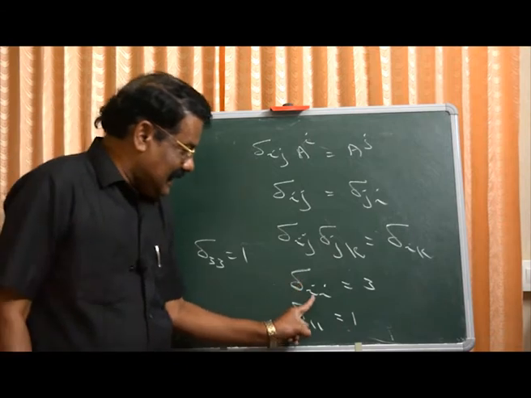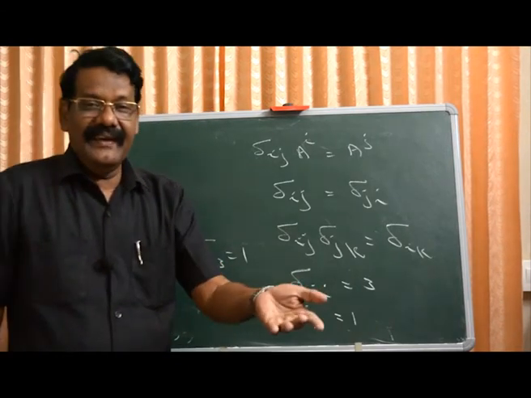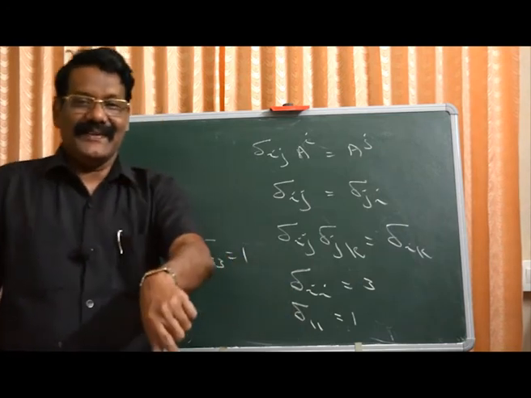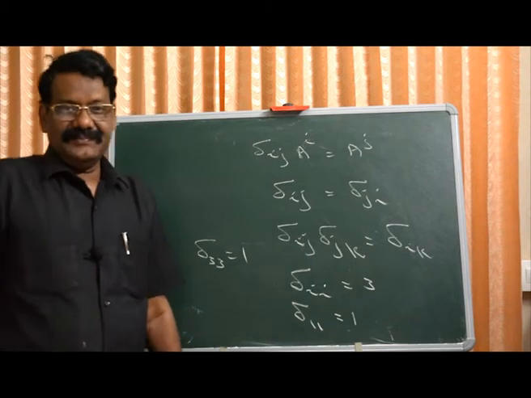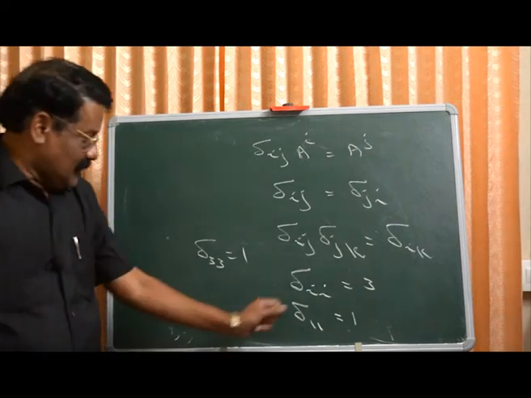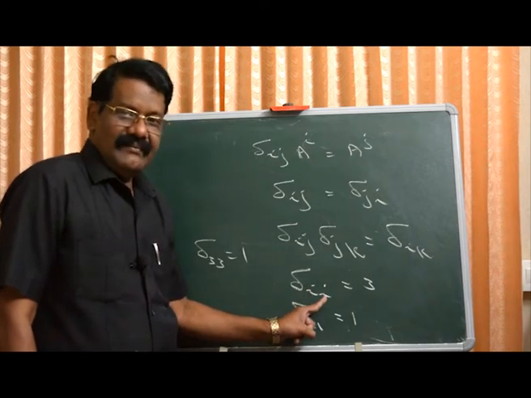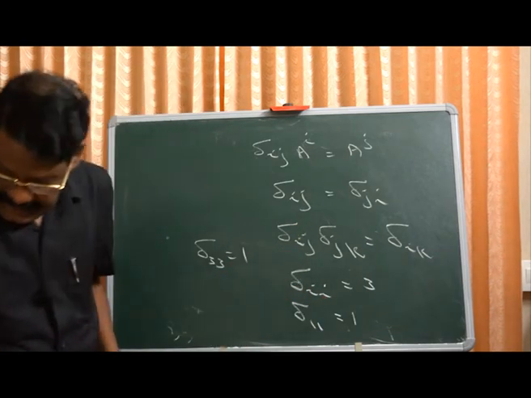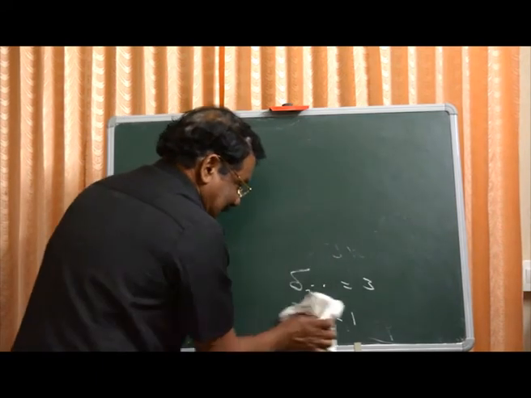But in general, delta ii is equal to 3 in 3 dimensions, 4 in 4 dimensions, and n in n dimensions. Let me explain that in detail.